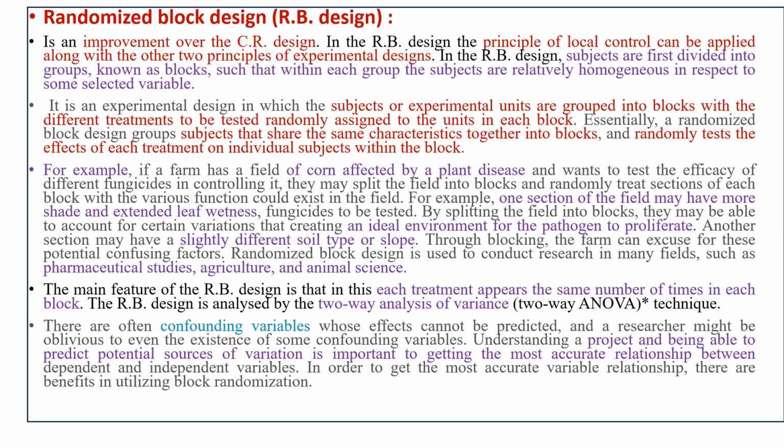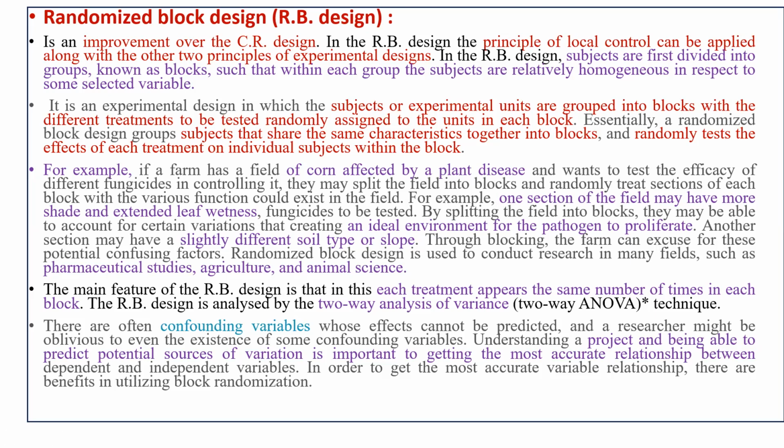So if you divide it by 2 acres, a total of 5 blocks will be there. You randomly select one corner and divide it into the 5 parts, where each part is 2 acres. Then you give the treatment of different fungicides to each block.